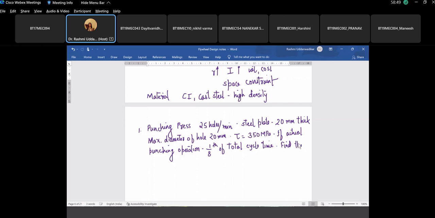Find the energy to be stored in every cycle of the rotation.